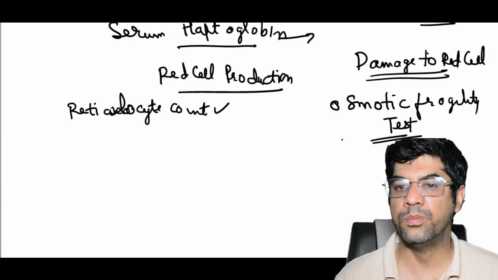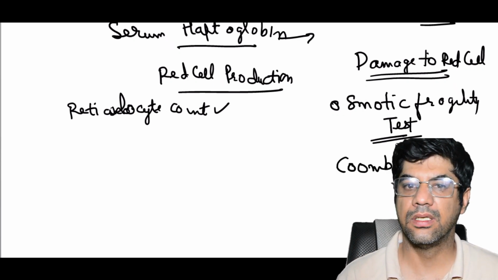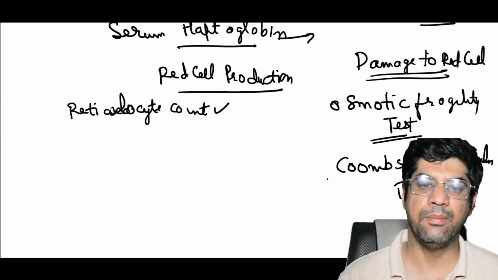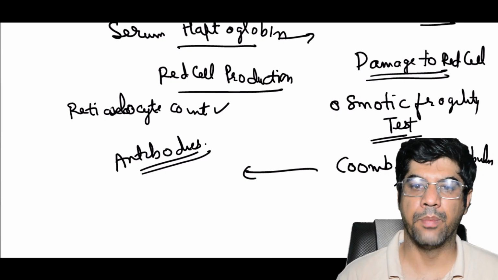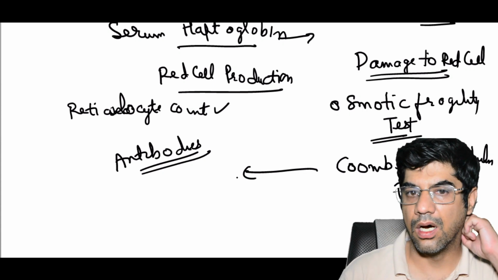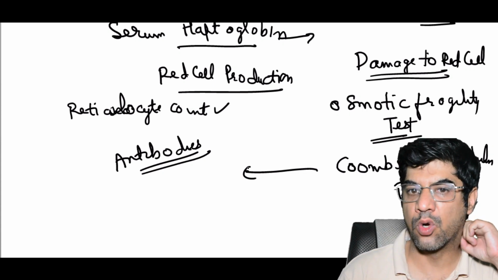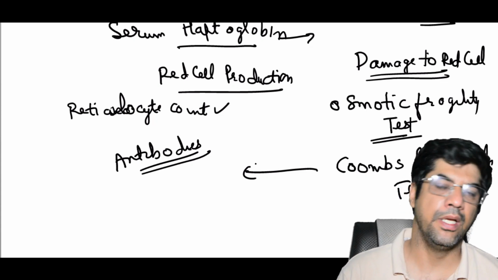Other test is the Coombs antiglobulin test. It will detect antibodies or complement bound to the RBC surface. Other test would be hemoglobin electrophoresis that would identify the abnormal hemoglobin.